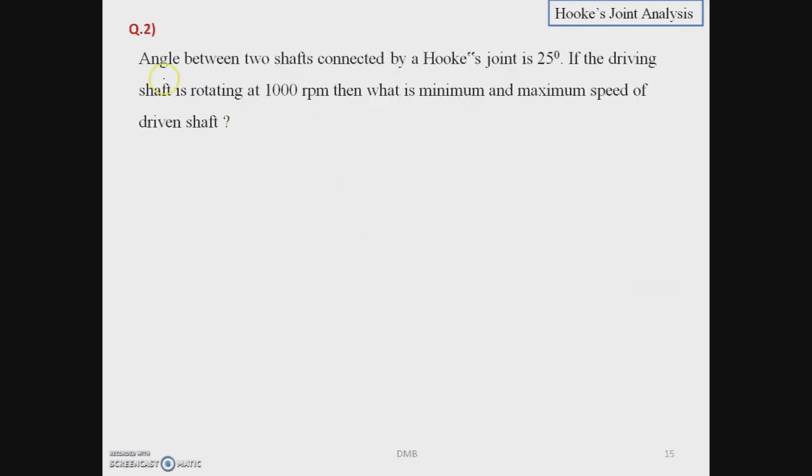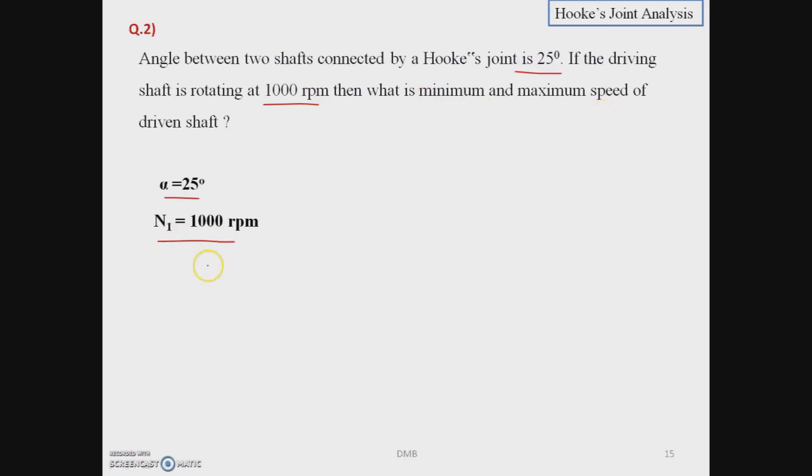Example number 2. The angle between two shafts connected by a Hooke's joint is 25 degrees. If the driving shaft is rotating at 1000 rpm, what are the minimum and maximum speeds of the driven shaft? So alpha is given as 25 degrees and N1 is 1000 rpm.